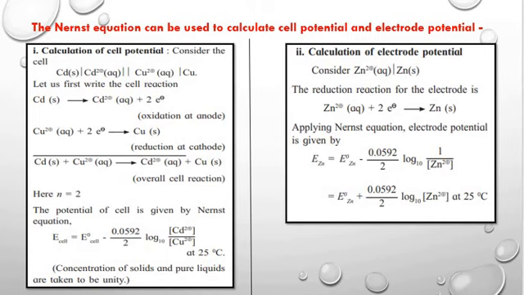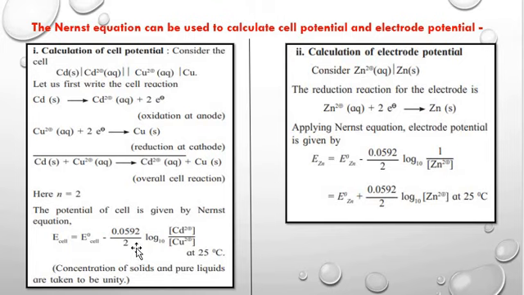For calculating cell potential, let's suppose this cell formulation is given, where cadmium is the anode and copper is the cathode. Cadmium gives out 2 electrons and these 2 electrons are accepted by the cupric ion to give copper metal. The net cell reaction would be this. Here we see the value of n is equal to 2. So according to the formula, E cell is equal to E naught cell minus 0.0592 upon n log base 10 of the concentration of product upon the concentration of reactant.